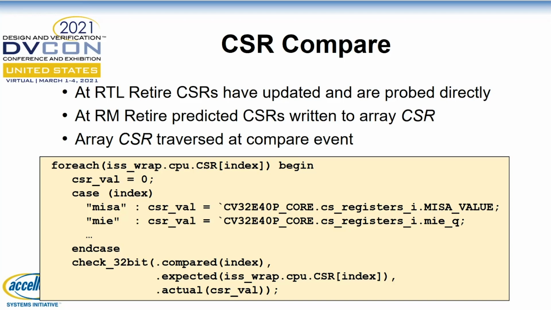CSR val is going to be loaded with the RTL value, and then a function called check32bit is going to be called, which contains what's being compared, so that if there's a miscompare, you know the name of the register that miscompared. The expected value is going to be the index into the reference model's array, and the actual value is what was directly probed from the RTL.